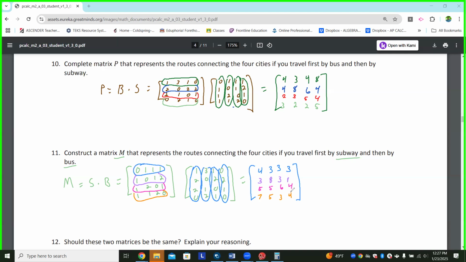Everyone good? Any mistakes I made? Made a mistake in all this matrix.